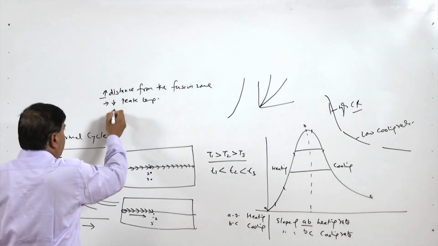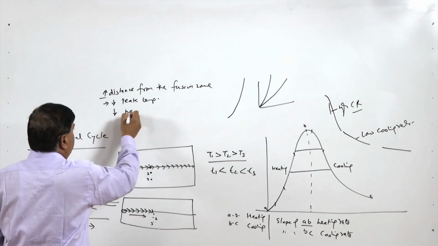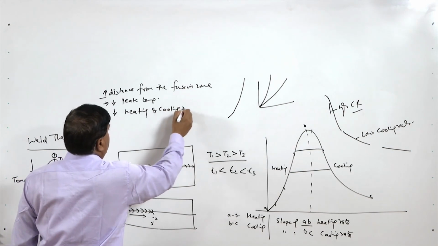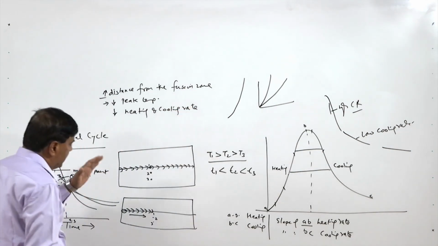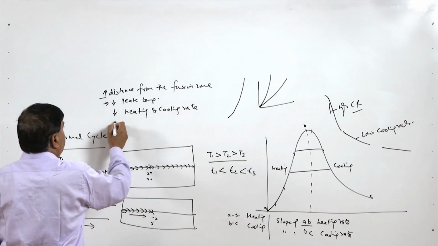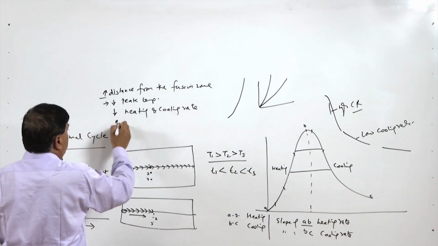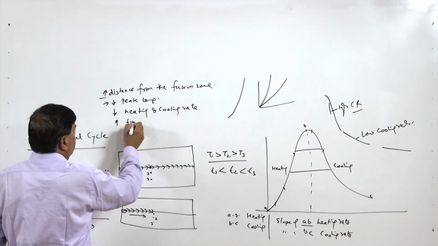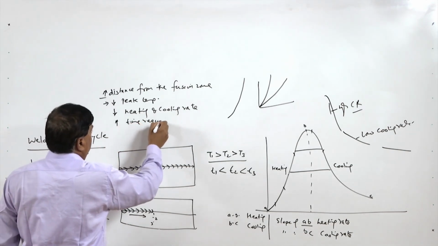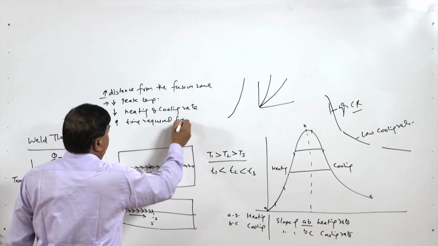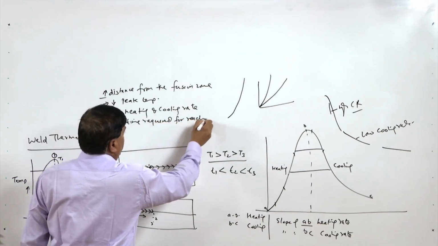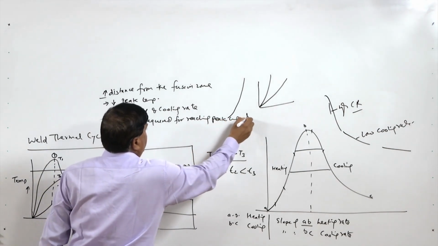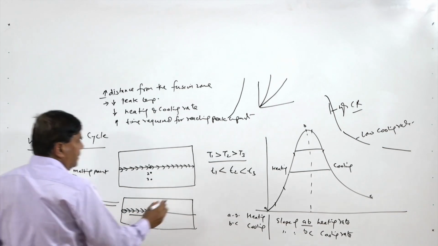It decreases the heating and cooling rates with the increase in distance. Increase in distance from the fusion zone also increases the time required for reaching peak temperature.